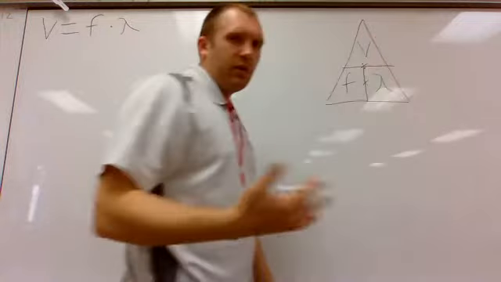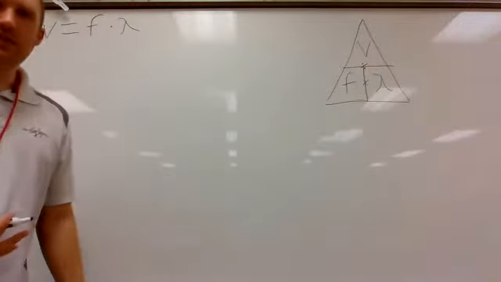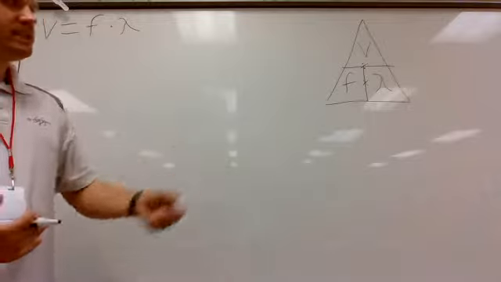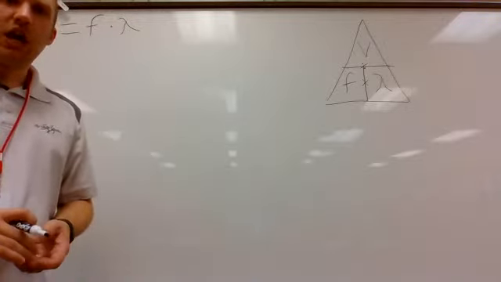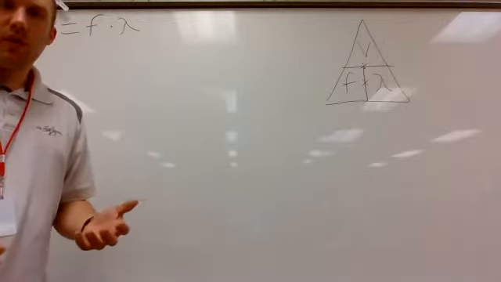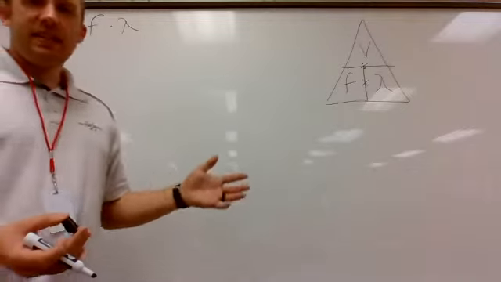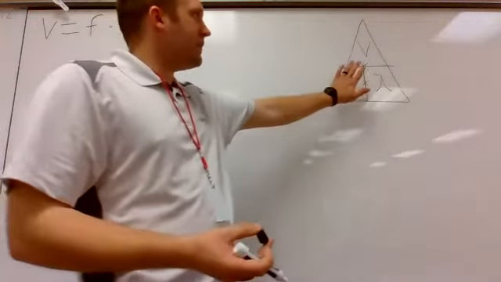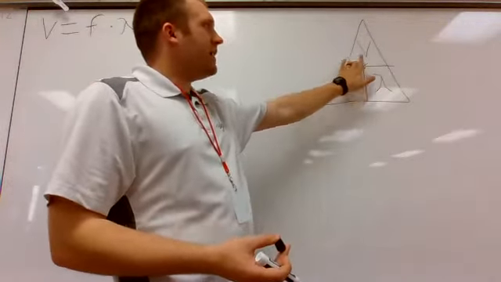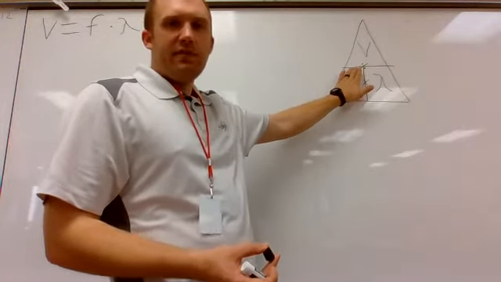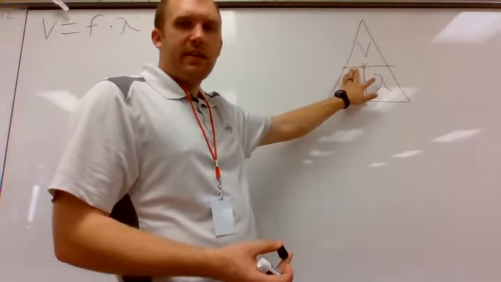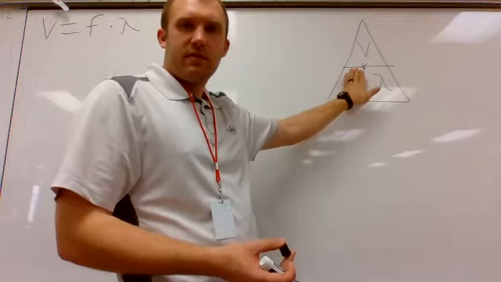It's a really quick way to get the different versions of these three variable equations. You basically just cover up the unknown, the one that you don't know. So let's say I didn't know frequency. I cover the frequency up, and I all of a sudden get that frequency F equals V divided by lambda, because that's all that's left.